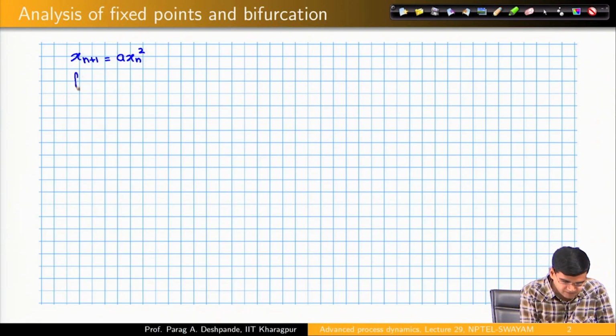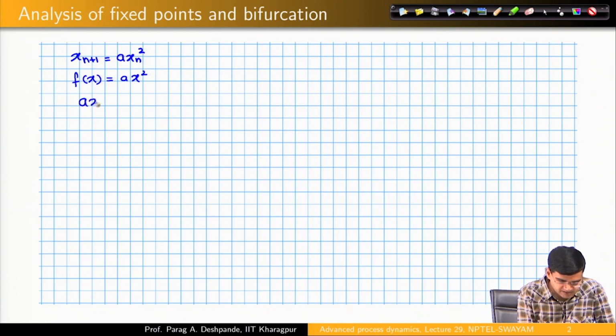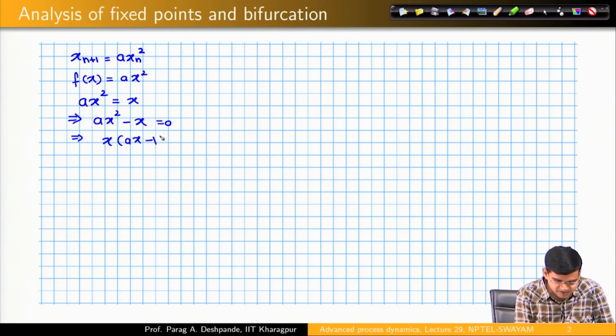I will assign f of x as a x squared, right. Then you can do one thing, you can solve for a x squared is equal to x, which means a x squared minus x is equal to 0. In other words, x into (a x minus 1) is equal to 0, which means x fixed point is equal to 0, or a x fixed point minus 1 is equal to 0.